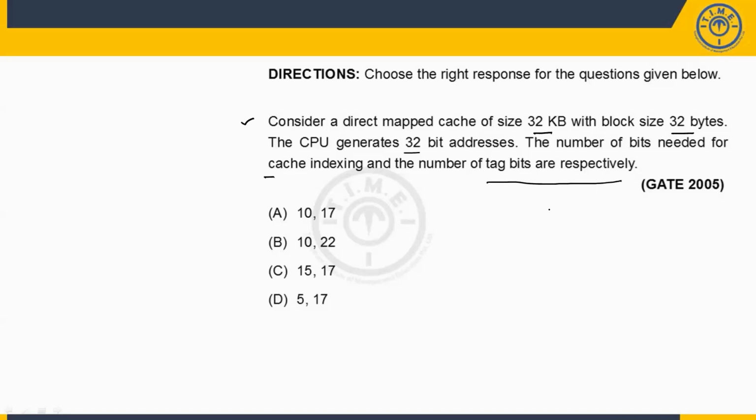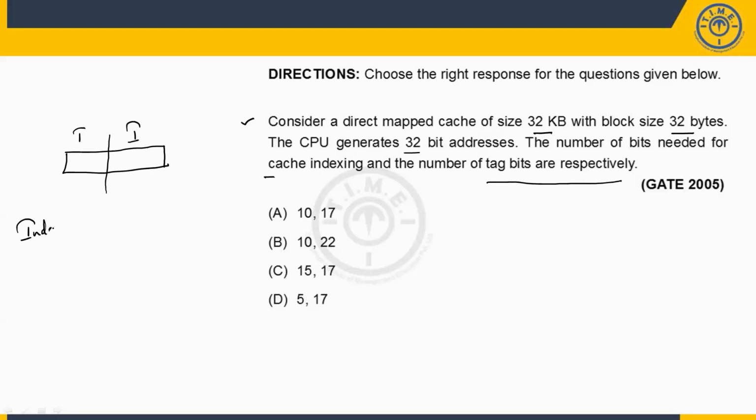We are definitely going to expect these questions on cache, the index and the tag, and how we divide the address into index and tag. Let us recall that every time the CPU references an address, this address is initially divided into index and tag. What is index?